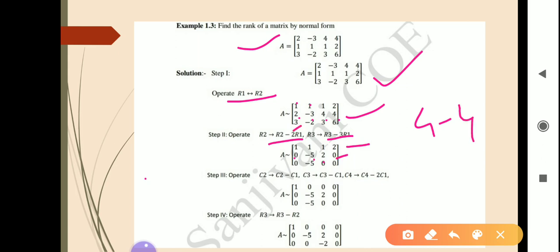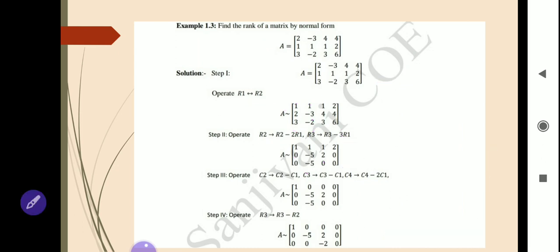Same here, this 3 minus 3 is 0, then minus 2 minus 3 minus 5, then 0, this 3 minus 3 is 0, and last one is 6 minus 3 into 2, that is 6, that is also 0. So last row is 0 minus 5 0 0.